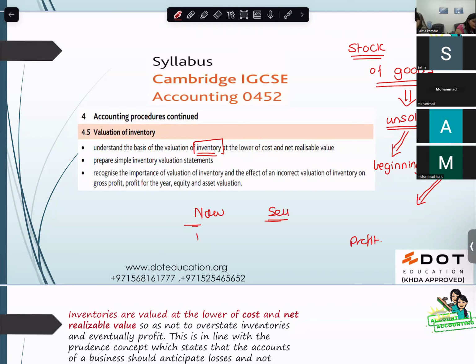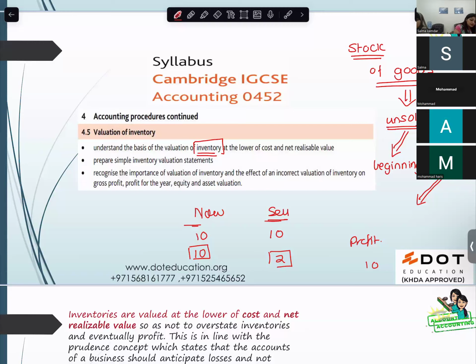If I buy 10 units, I sell 10 units, I will make profit for 10 units. But if I buy 10 units, I sell 2 units, can I get the profit? If I compare the cost of 10 units with the selling price of 2 units, am I able to get the correct profit?